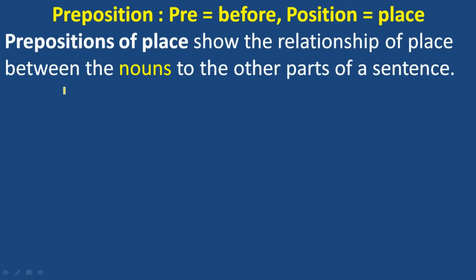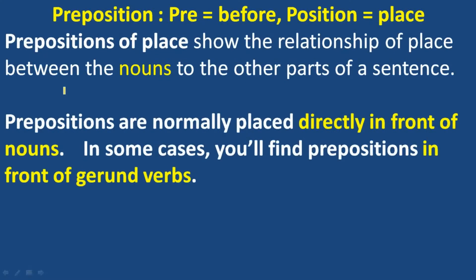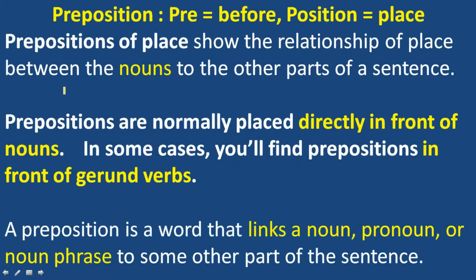The preposition always places before a noun. Next definition, I focus on the noun that is directly in front of the noun. As it is a noun, it will also be placed before noun-like words, for example, noun, pronoun or noun phrase.